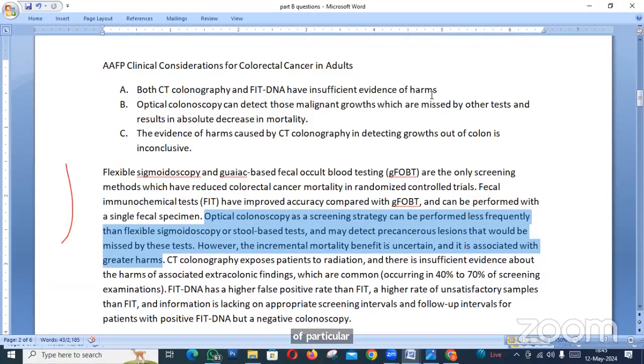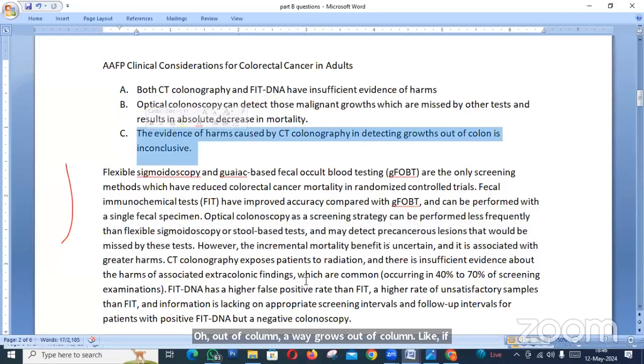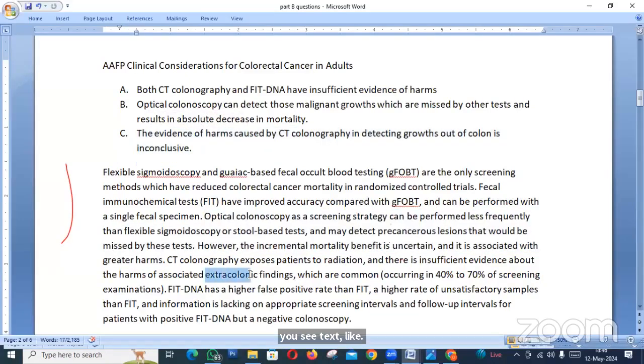But could you show us the ways of detecting growths out of the colon? You didn't mention it, I believe. Like in answer C, detecting growths out of the colon. Extracolonic findings.